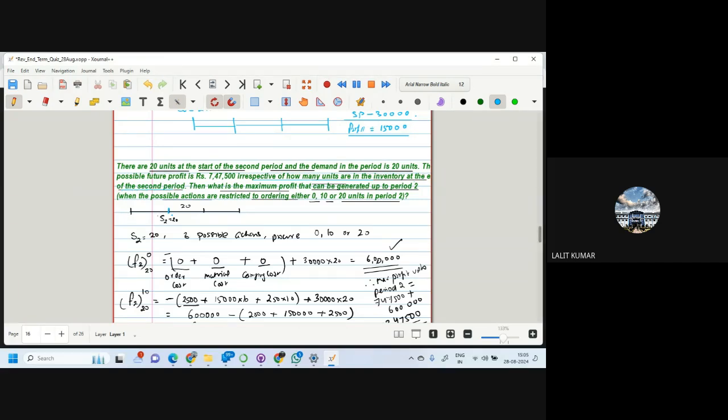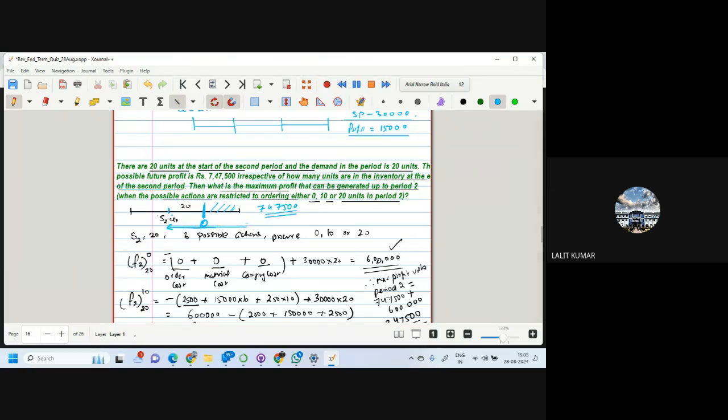So it says that irrespective of the state, the profit in this last stage is 747,500. Then they ask what is the maximum profit that can be generated up to period 2.